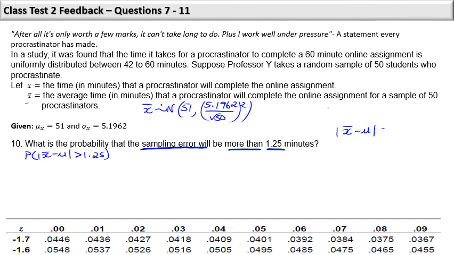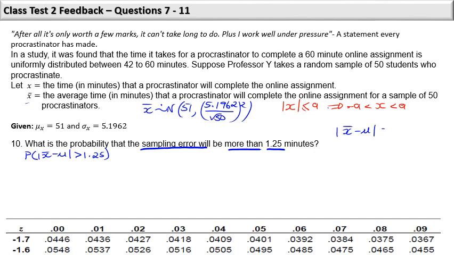Now, I just want to bring to your attention some relationships of absolute value inequalities, and these are in your notes. You will recall that if you've got the absolute value of x less than or equal to a, then that simplifies to x being between negative a and a.